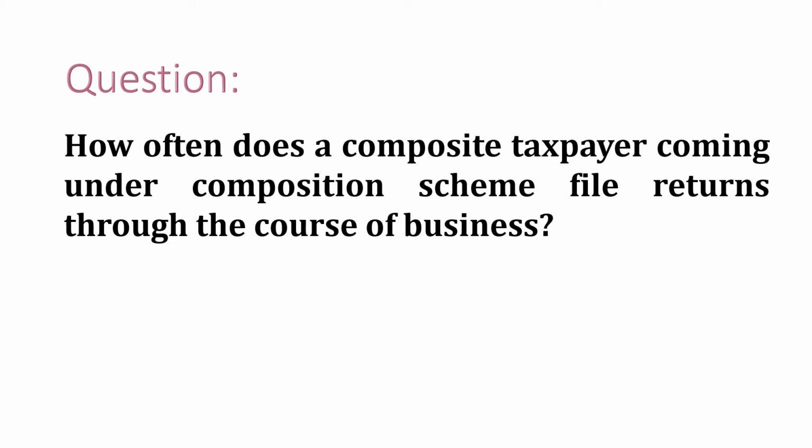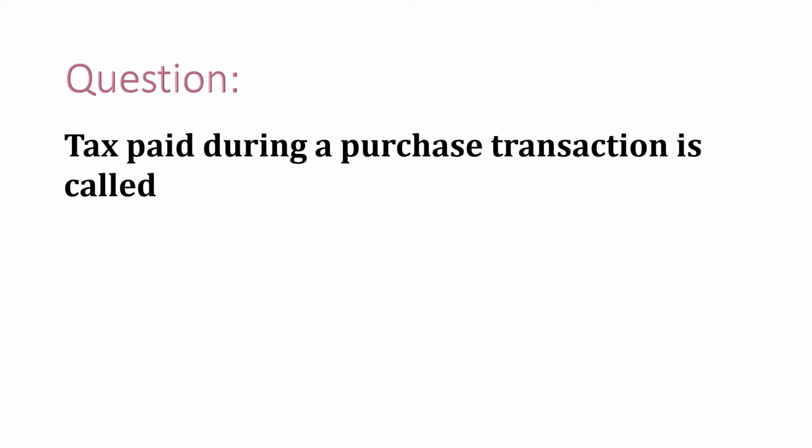How often does a composite taxpayer coming under composition scheme file returns through the course of business? The answer is quarterly. Next question. Tax paid during a purchase transaction is called what? The answer is input tax.